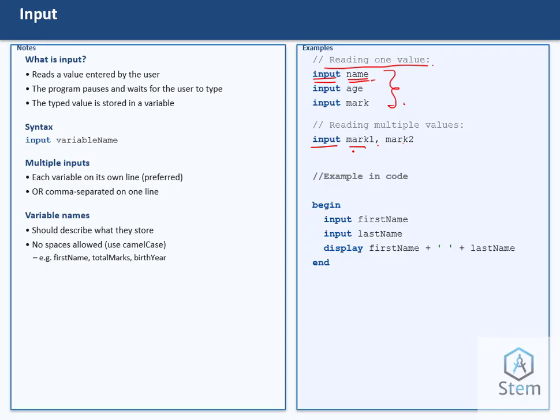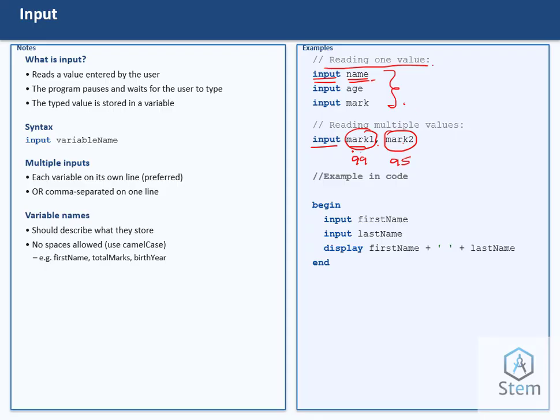You are asking the user to provide the first value. It's going to be stored in mark 1, maybe it's 99. Then the second value is going to be stored in mark 2, maybe it's going to be 95. So you can ask the user to input more than one value in just one line of code.